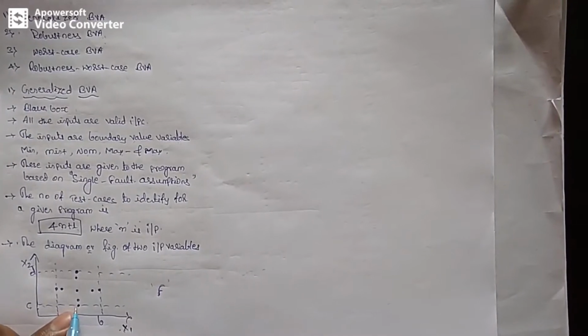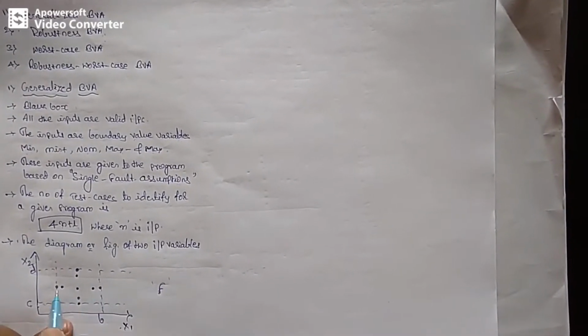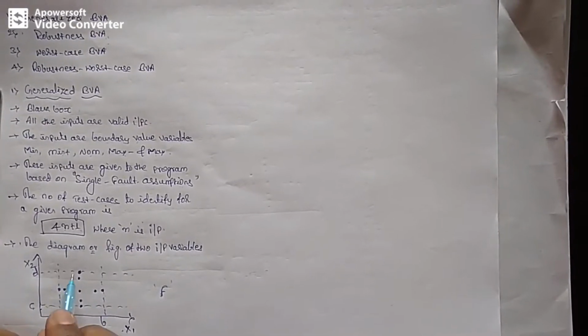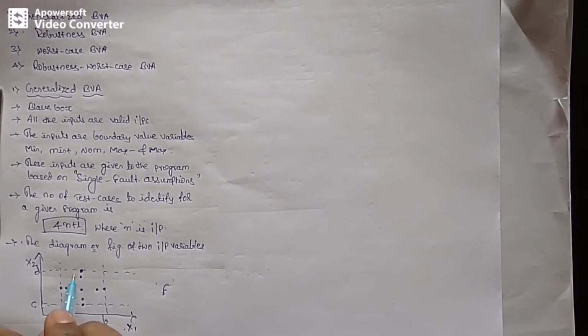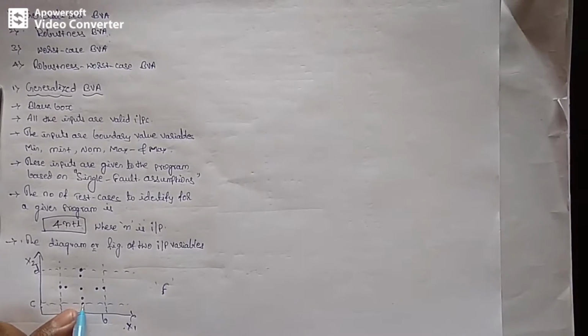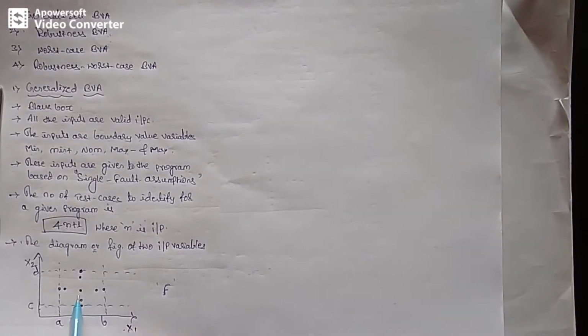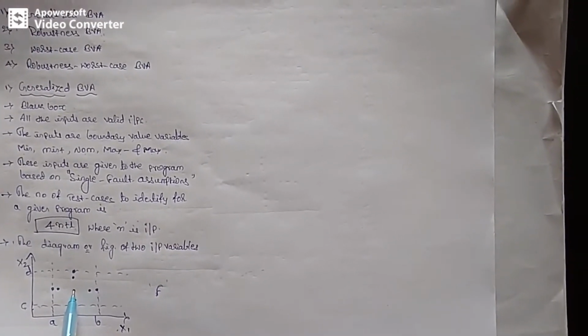Here you can see I have pointed 1, 2, 3, 4. These 4 are the points where we selected the input variables on the borders, like upper limit or lower limit. The dot in the middle center indicates the nominal value.